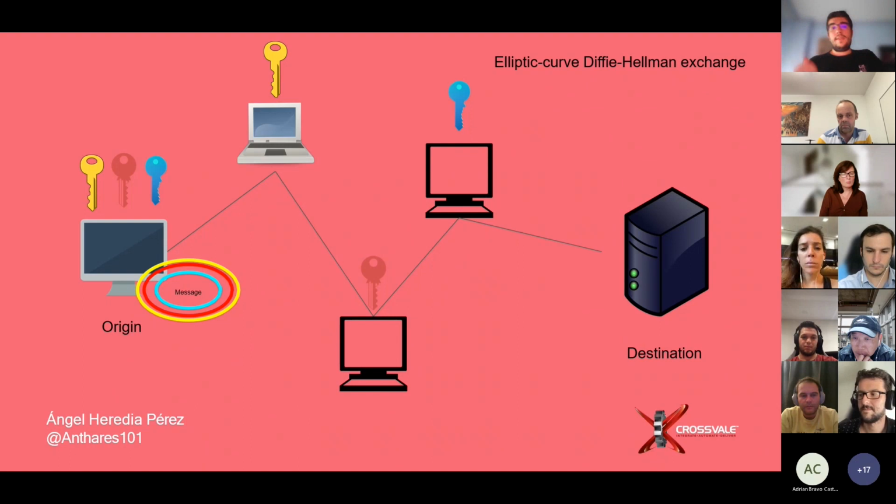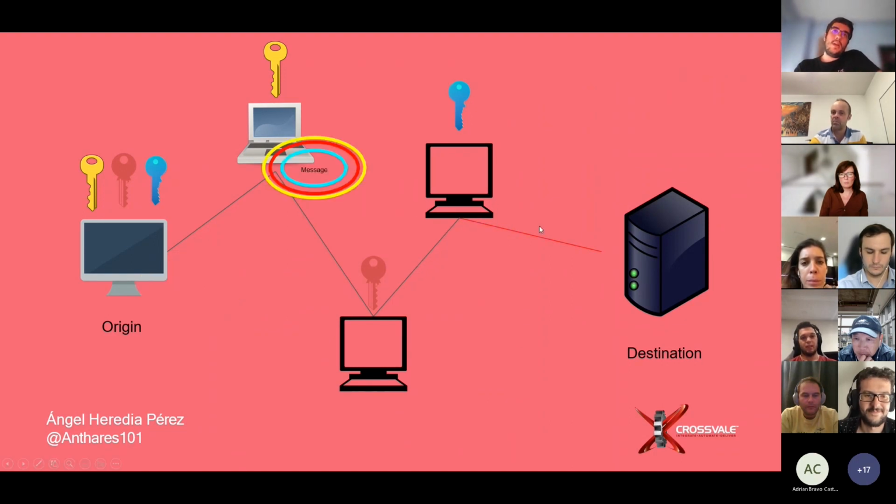The order of the encryption is like this. First, the blue key from the last node, then the second node key, that is the red one, and then the yellow key. So in reverse order, basically. So now we send the message to the first node.